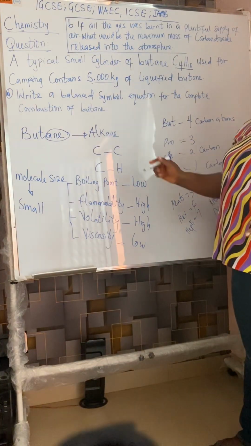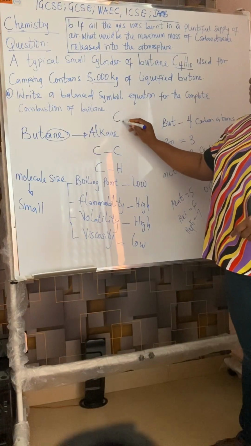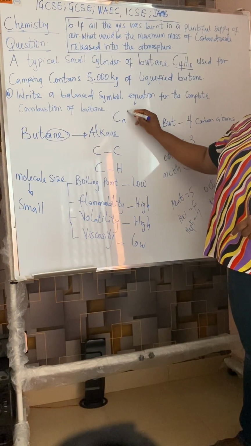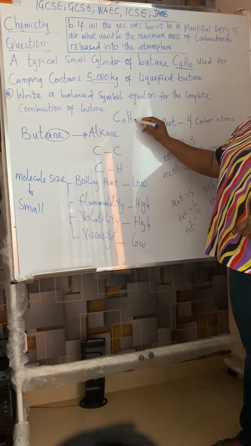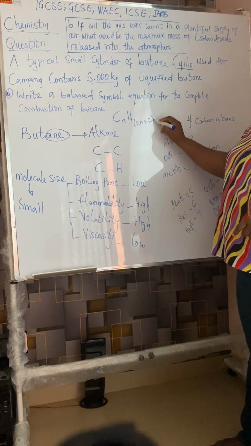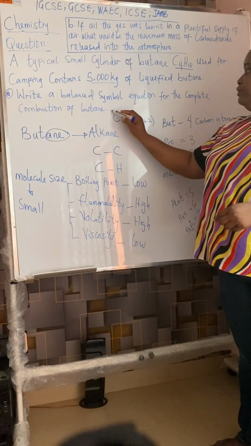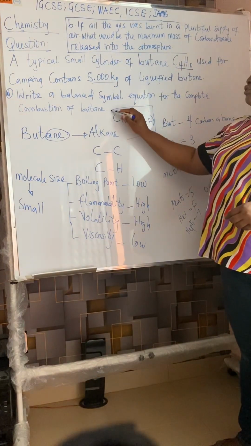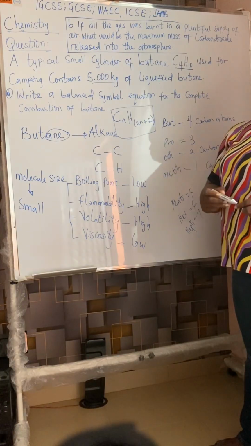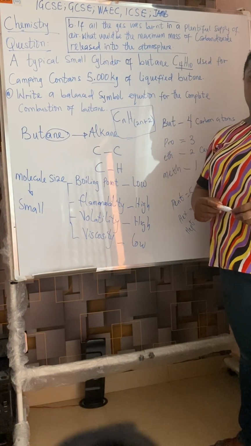We use a general formula for this, and the general formula is CnH2n+2, where n is the number of carbon atoms.